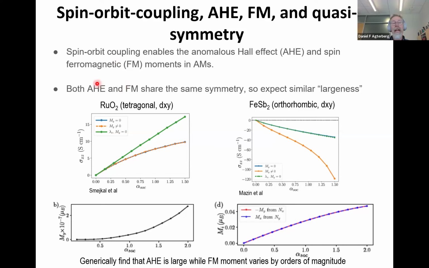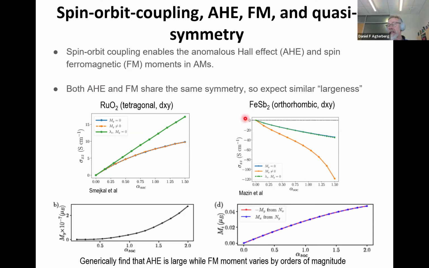We also know that the anomalous Hall effect and ferromagnetism share the same symmetry, so naively we expect them to have the same largeness. So if the anomalous Hall effect is linear in spin-orbit coupling, we expect the ferromagnetism also to be linear in spin-orbit coupling.